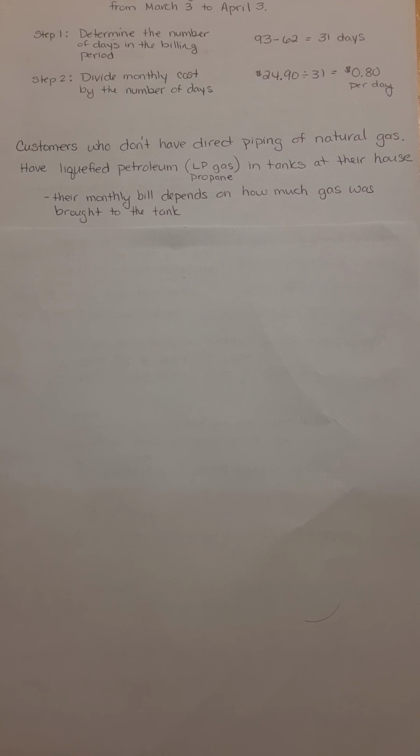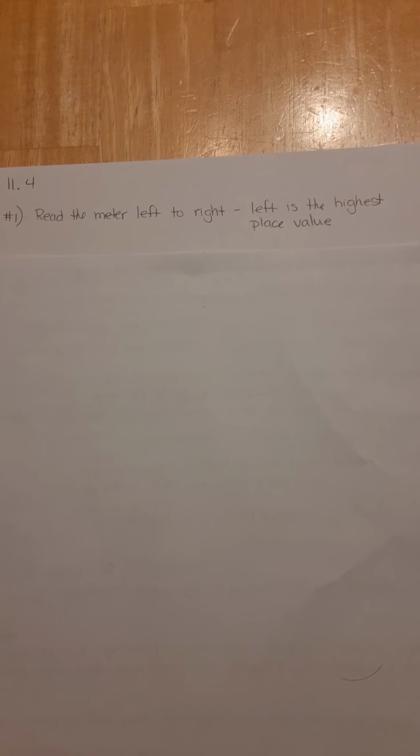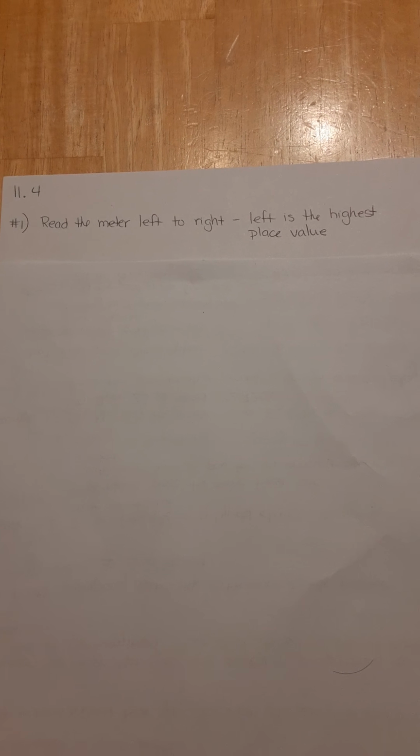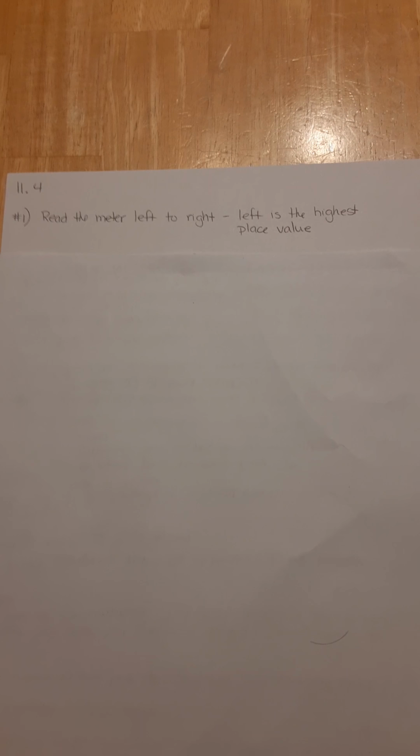So you've got to watch what type of gas you have brought to your home. Okay, now let's actually get into our book problems here for the day. Looking at your assignment in section 1.11.4, starting off with problems 1 through 6, they're just having you get used to reading a gas meter. Most of these have not switched over to digital. You actually have to read these dials.